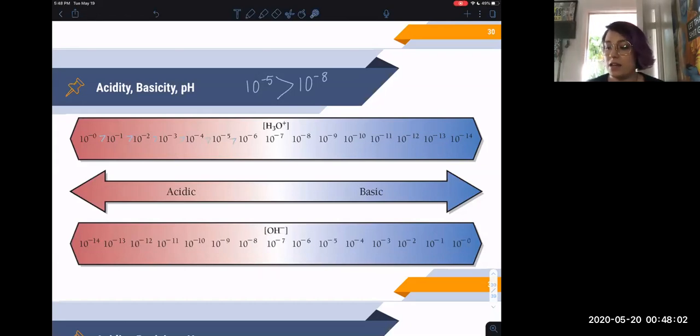That means that as your hydronium increases, your acidity increases, and that should make sense to you because this is your acid part. So as my acid part is higher, highest concentration of acid part, I'm more acidic.